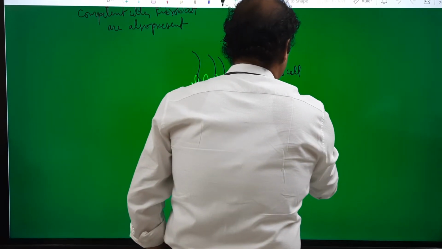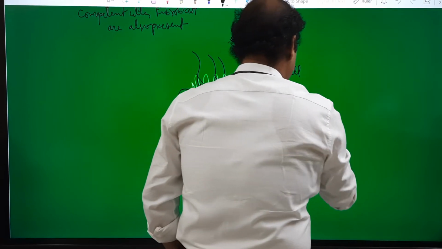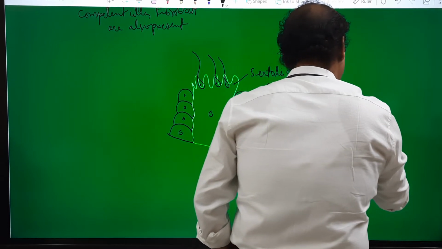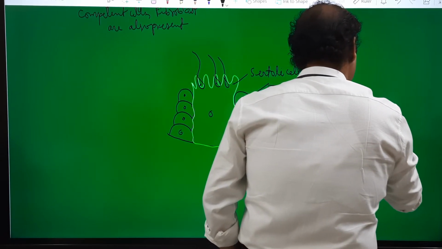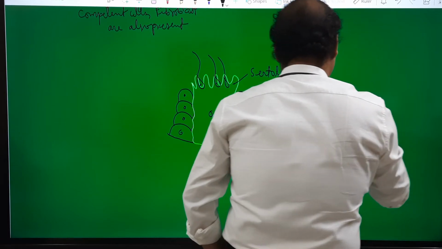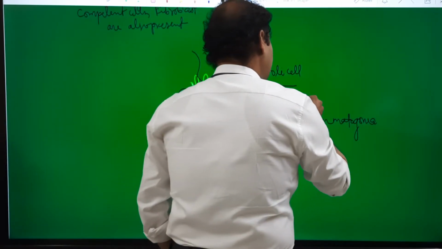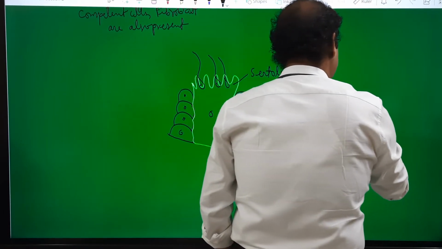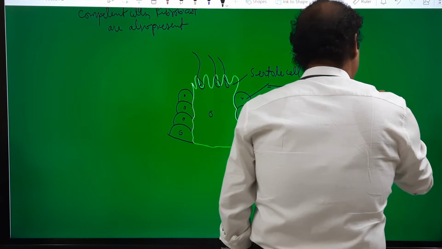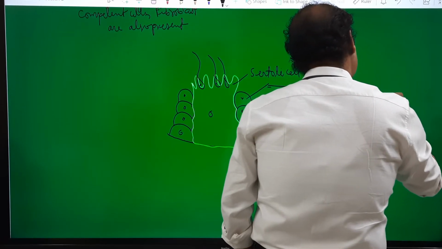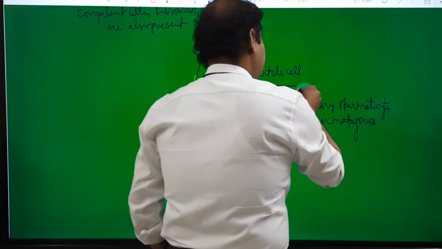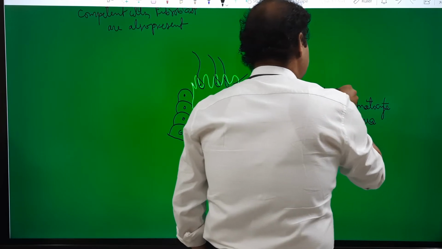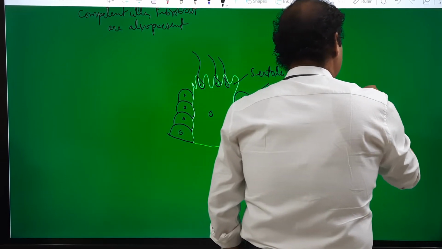First is spermatogonia, also referred to as germ cell. Second is primary spermatocyte.